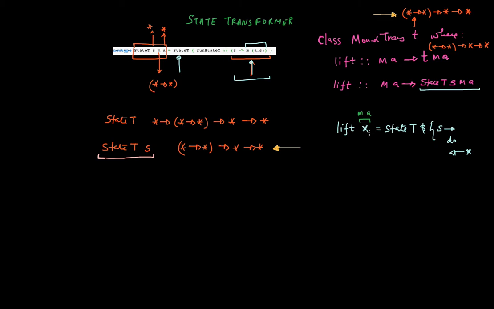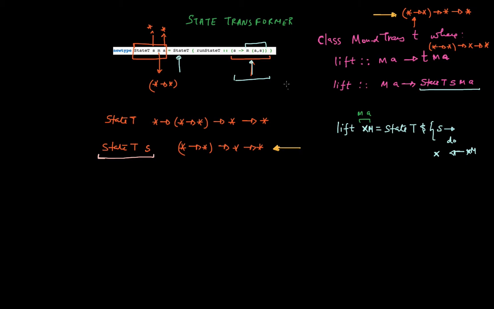Instead of calling it x, let's make this xm, just so that we know this is the monadic value xm. Now that I get a value devoid of the monad, this is just x, the pure value x.